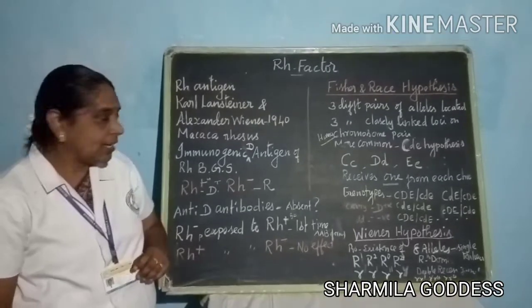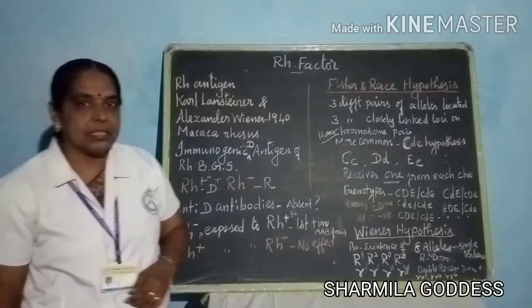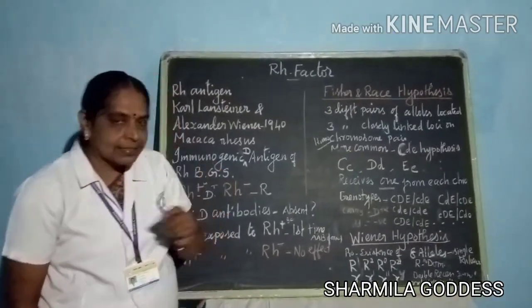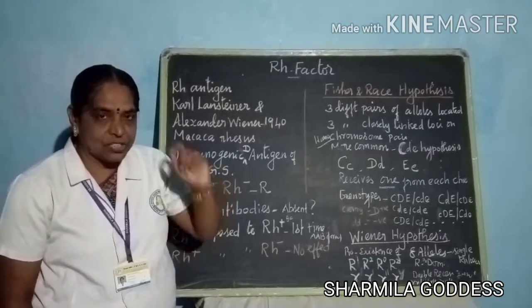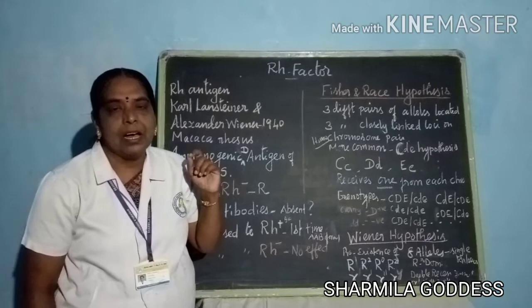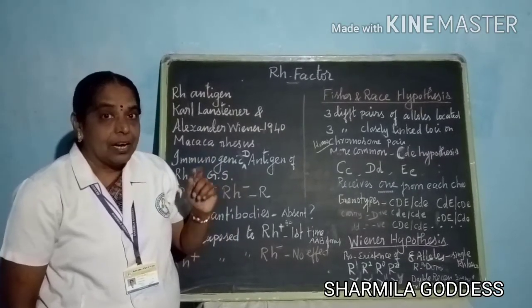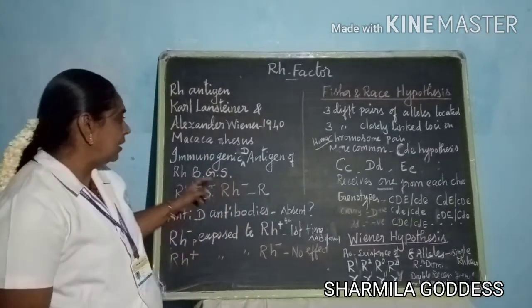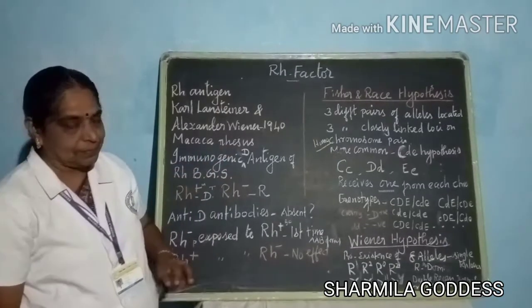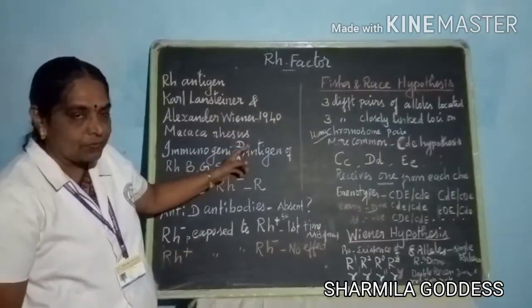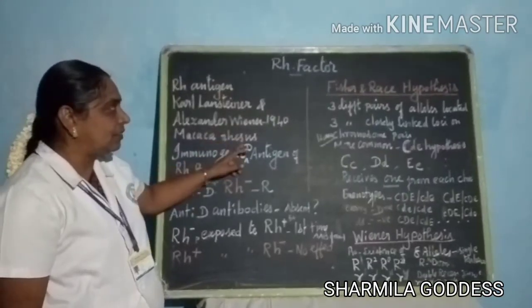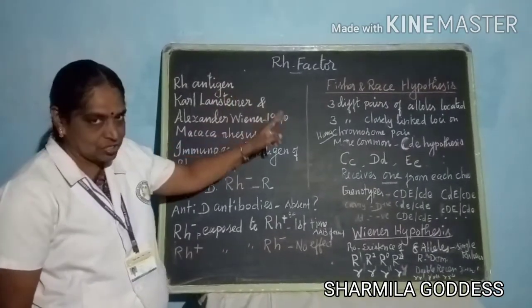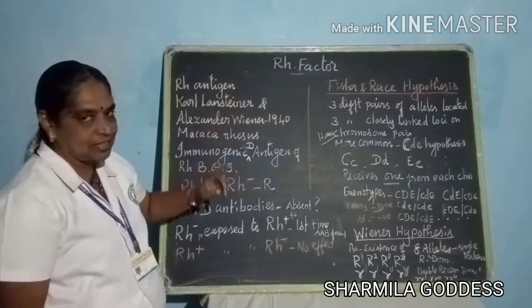Karl Landsteiner and Alexander Wiener, in 1940, discovered the RH factor, that is antigen D, on the surface of RBC in the rhesus monkey, Macaca rhesus. As it was found first in the rhesus monkey, it was given the name RH antigen.